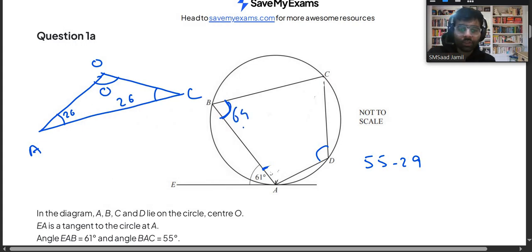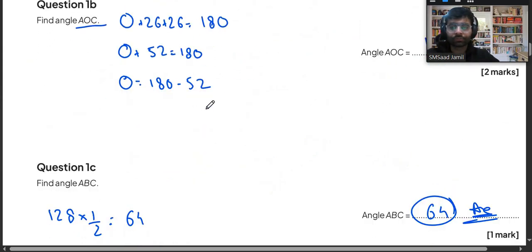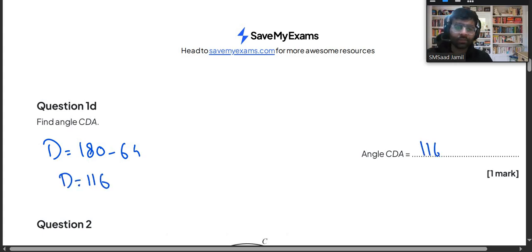Now, whenever two opposite angles are touching the corners of a circle, their sum is 180, which means let's call this angle D. It means 64 plus D is equal to 180. So D is equal to 180 minus 64. So D is equal to 116 degrees. This is going to be your answer.